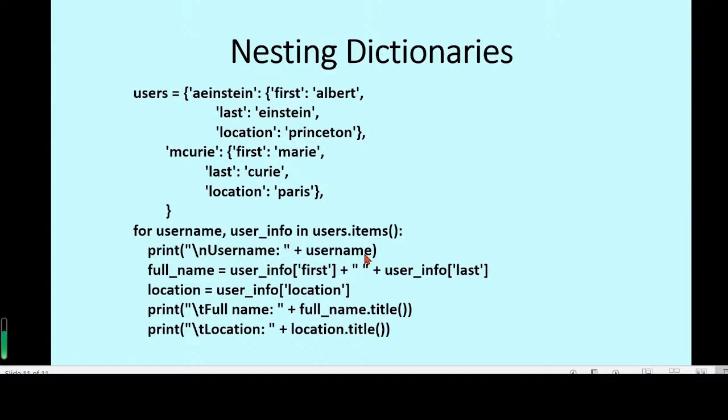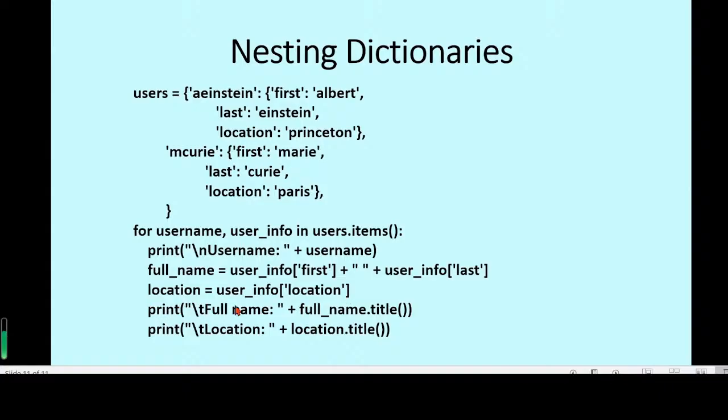Then print a message. Then we create a variable called full_name. User_info is a dictionary. User_info's first name plus user_info's last name, concatenated with a space. Then location is the value of user_info's location.